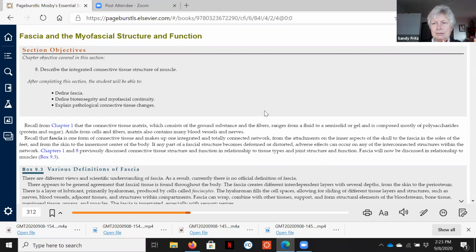But you better be dead when that happens. So this all functions as a unit together. You can't separate muscle from its fascia and or its connective tissue network.